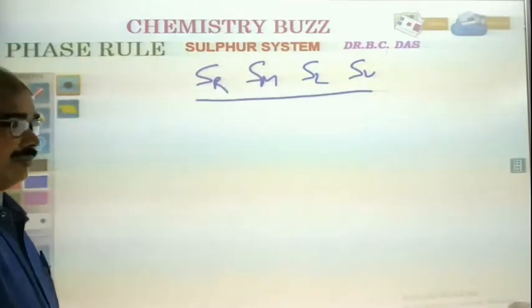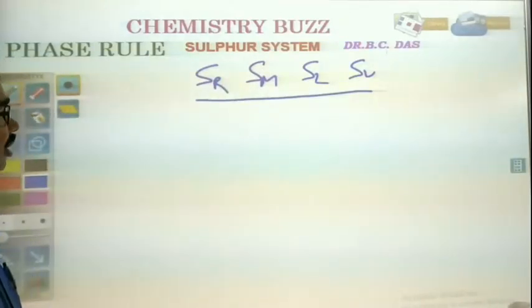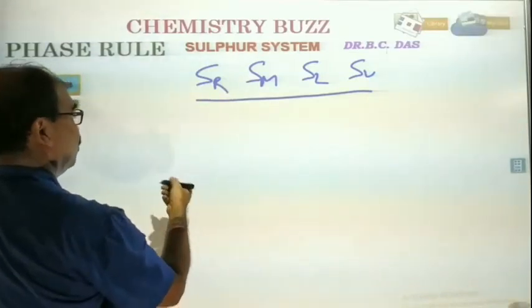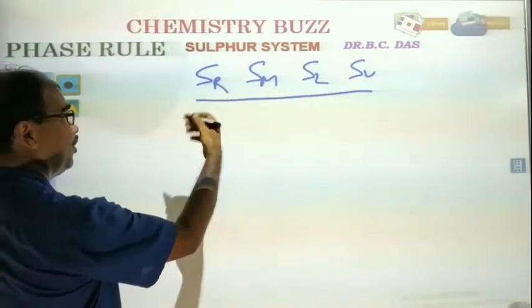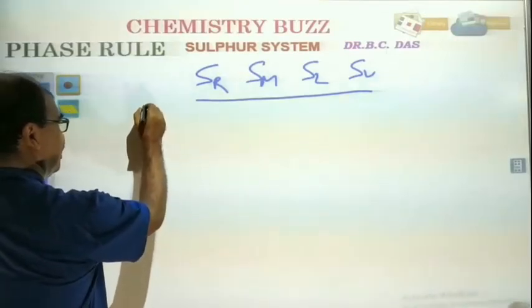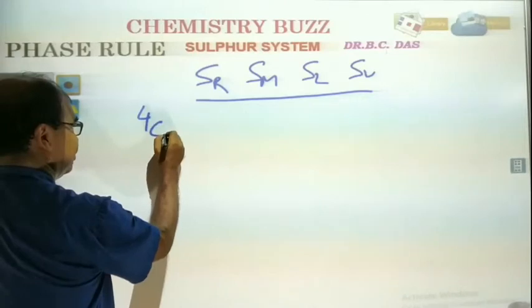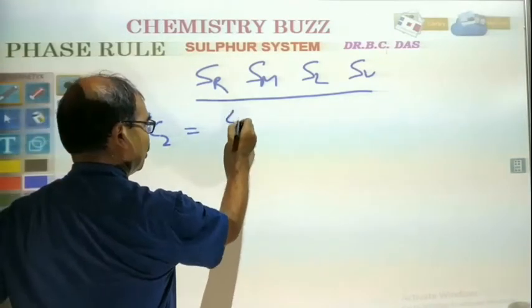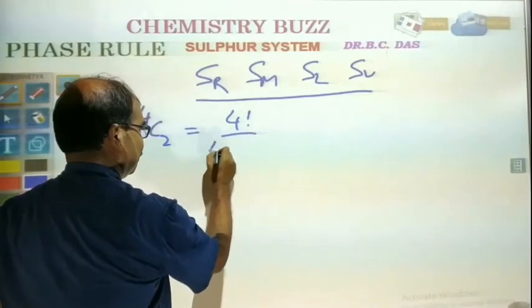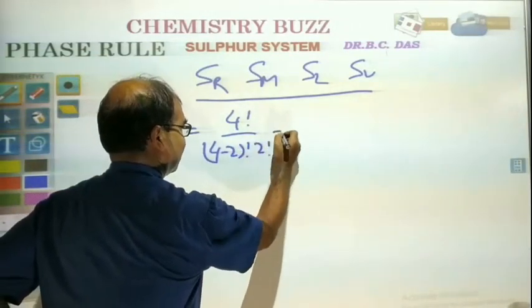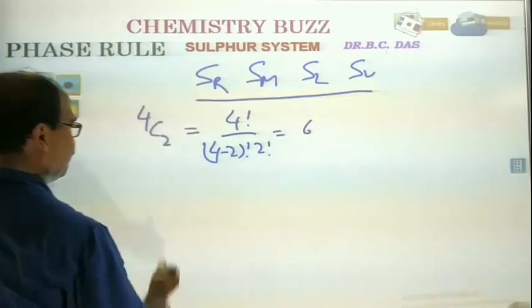So we will consider the mathematics of the phase rule. There are 4 phases. How many 2-phase equilibriums are there? We calculate 4C2, that is, out of 4 phases, 2 phases taken at a time: 4 factorial by (4 minus 2) factorial into 2 factorial, which is equal to 6.